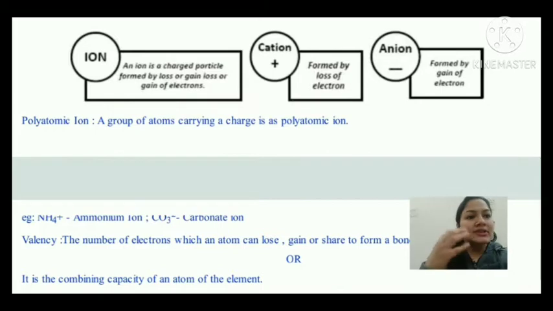As soon as they take the 2 electrons, they make themselves stable. When they lose or gain electrons, they are no longer atoms, they transform themselves into ions because they get a charge. If they lose electrons, it is a positive charge, that means cation. If they gain electrons, it is a negative charge, that is anion.